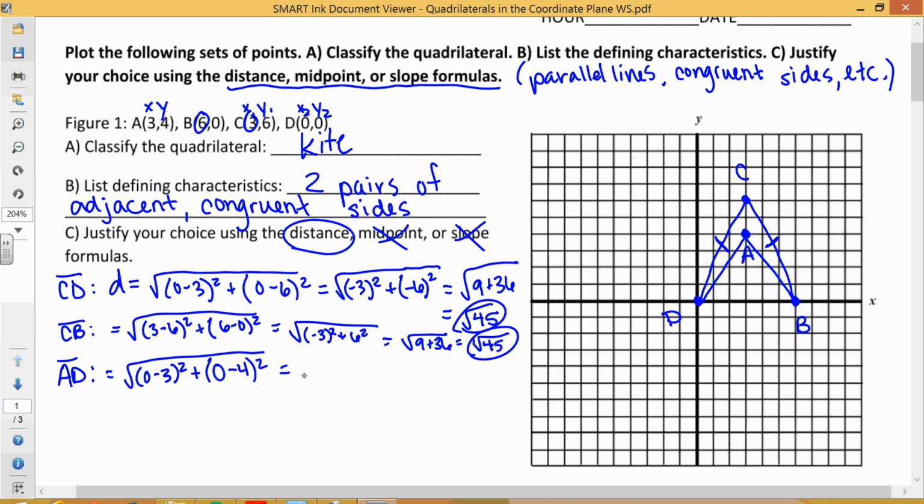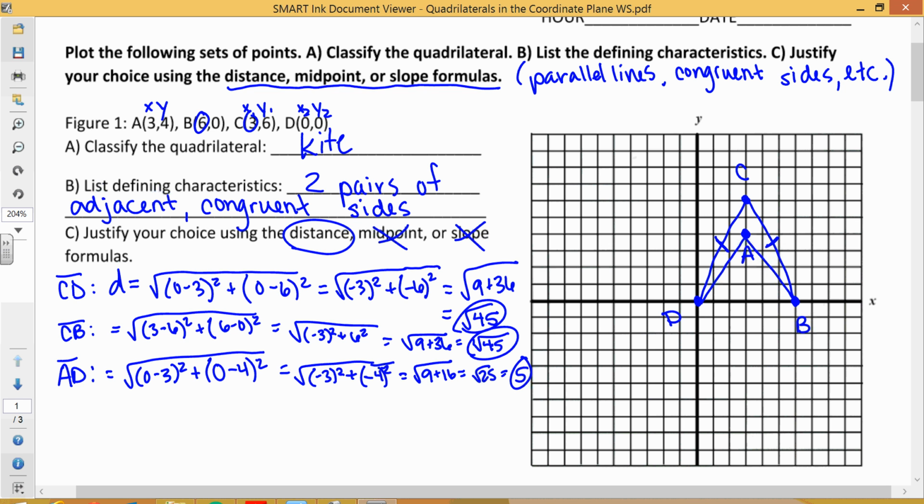So 0 minus 3 would be negative 3, so I have negative 3 squared plus 0 minus 4 is negative 4 squared. So I get the square root of 9 plus 16, which is the square root of 25, which is 5.